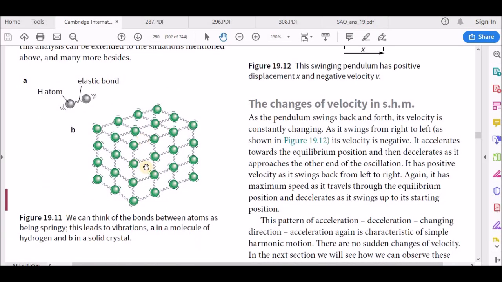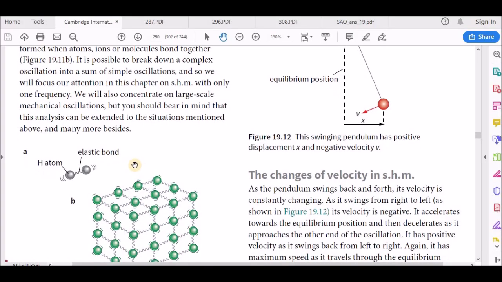It is possible to break down a complex oscillation into a sum of simple oscillations, and so we will focus our attention in this chapter on simple harmonic motion, SHM, with only one frequency. Because if we have several frequencies, it's complicated.